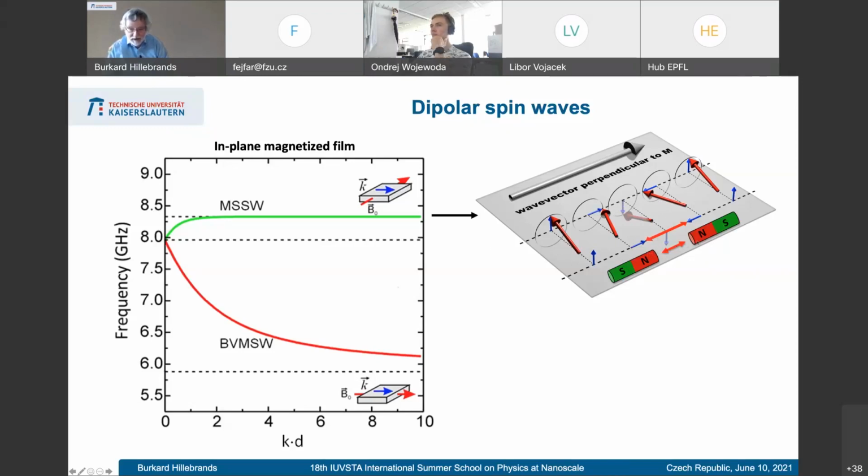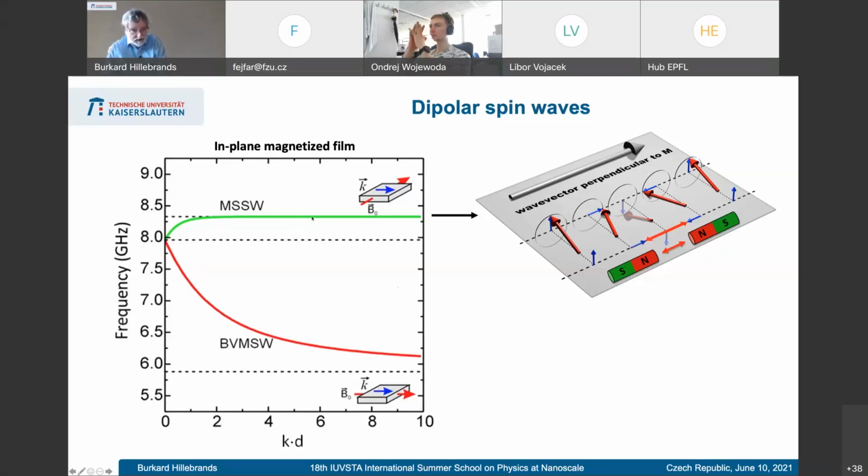And you know, if you have two magnets like that, there is a very strong force which tries to pull the magnets away from each other. It's very strong, and of course this costs a lot of energy, and therefore you have to work at a higher frequency to get this mode excited.